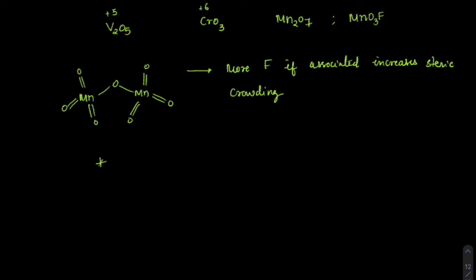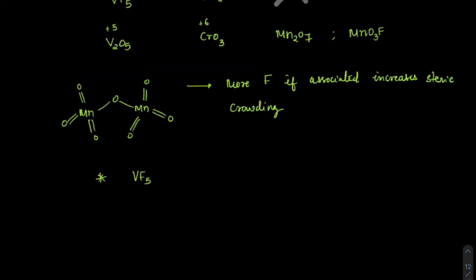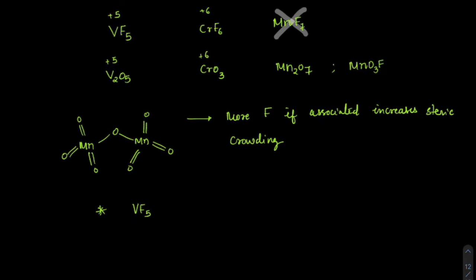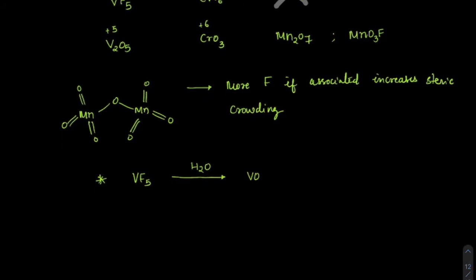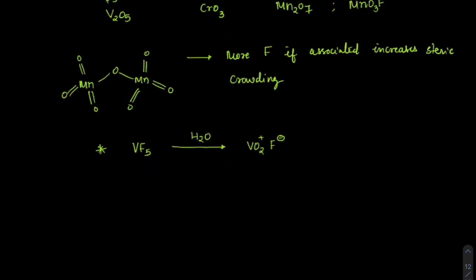Another important thing to note is that VF5 also has enough crowding here. That's why it is not very stable. So if you add it to water, immediately it will become O2 plus and F minus. This is called an oxocation.